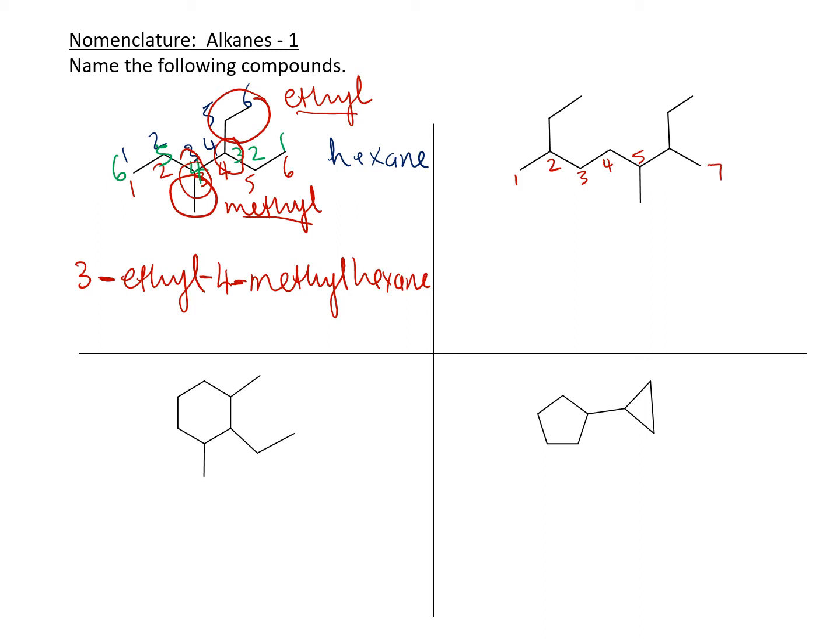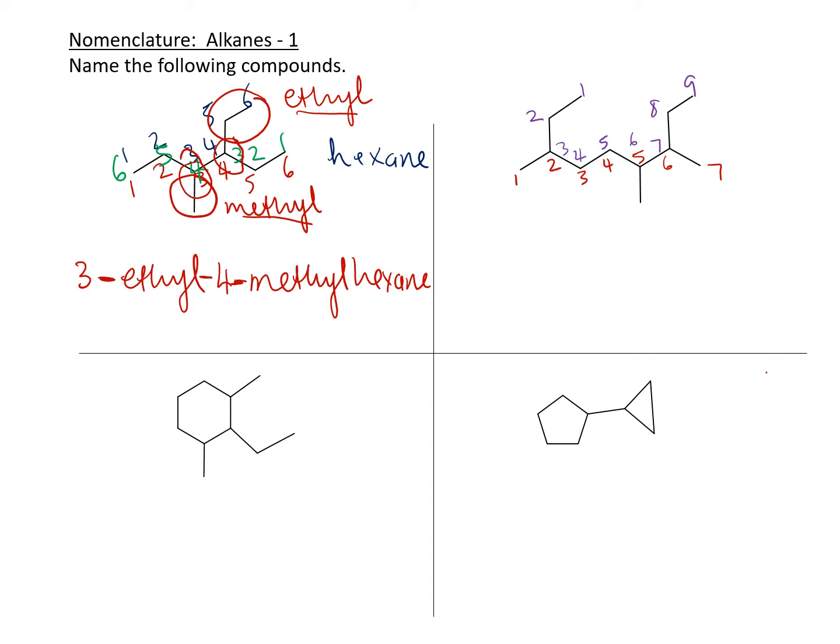Okay, so this is all fine, but the thing is that this is not the longest chain. The other numbering that we have is 1, 2, 3, 4, 5, 6, 7, 8, 9. That's the numbering we have to follow, because that is the longest chain.